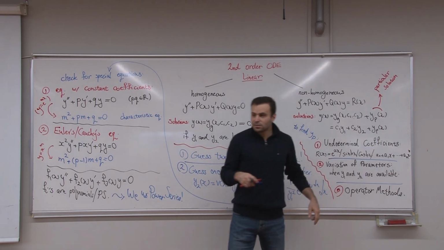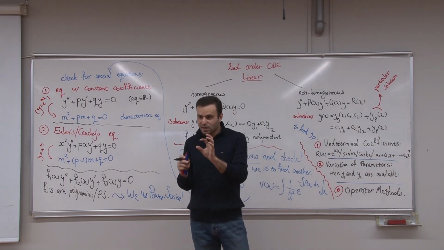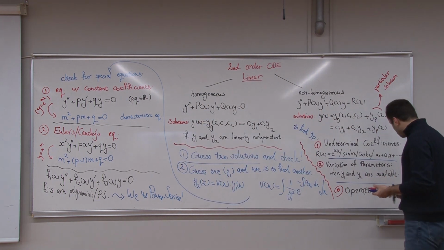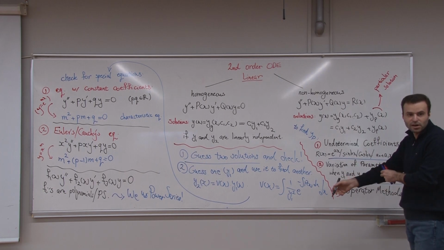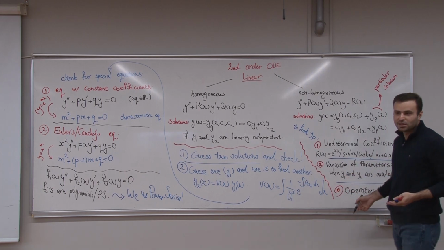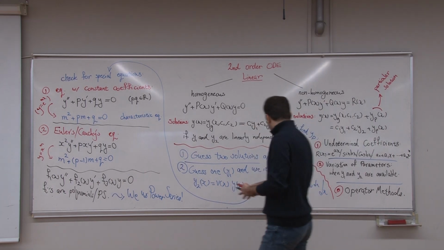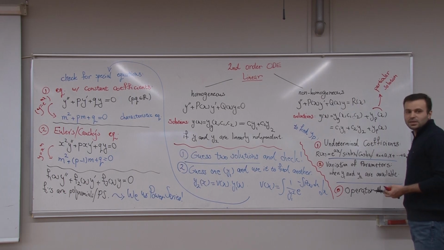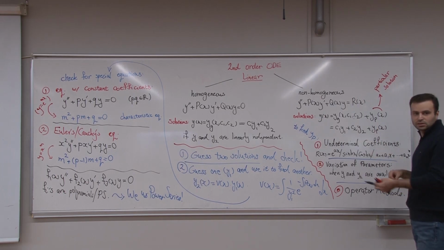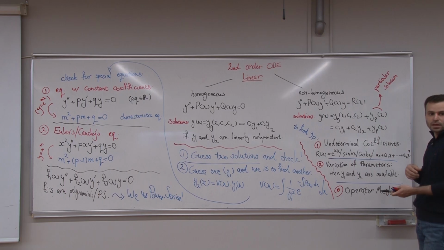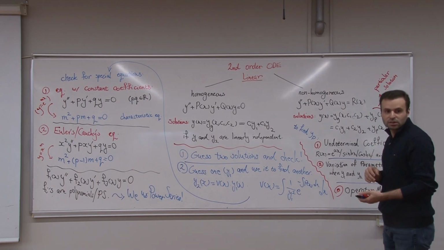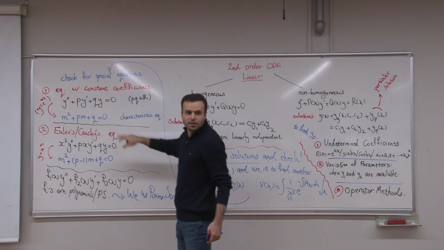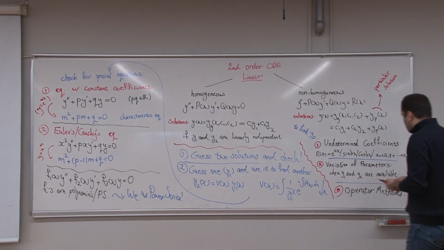You will see, when we are trying to look at something as an operator, it is going to become a little bit strange for you. Heaviside also had the same objections when he was trying to develop these operator methods, but they are actually useful, and they will give us a hint towards how we can generalize our methodology to higher order linear differential equations with constant coefficients. We will cover them today, okay?